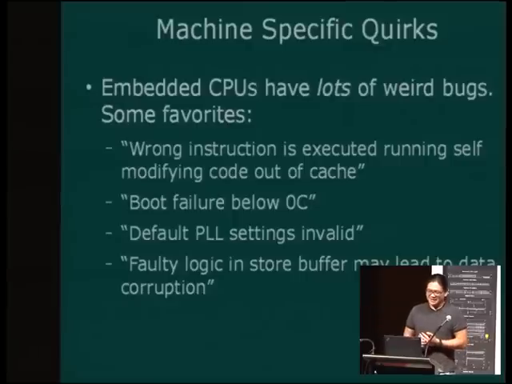Okay, great. Another one is default PLL settings are invalid. This one I pounded my head on for months before I realized it was actually the problem. One of the CPU vendors I had has a little frequency multiplier on the inside that would take a low frequency crystal and multiply it up. The defaults they had put in the product were wrong.